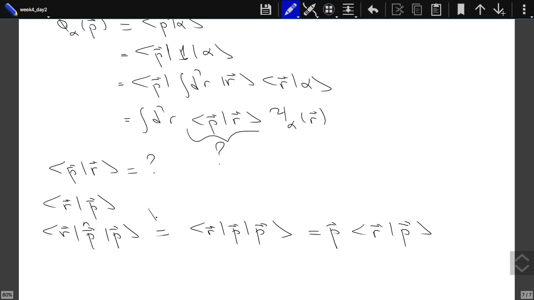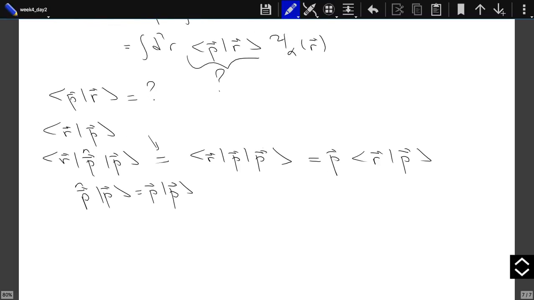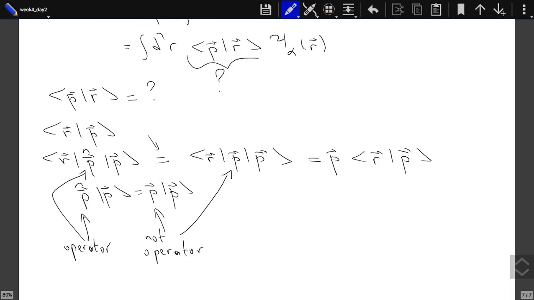You see, in this line what I'm using is that the P operator acting on this P ket is just P multiplying this P ket. This is an operator. This is not an operator. The second P, the P in the middle of the expression, is the eigenvalue of the P operator. So I can just take it out.